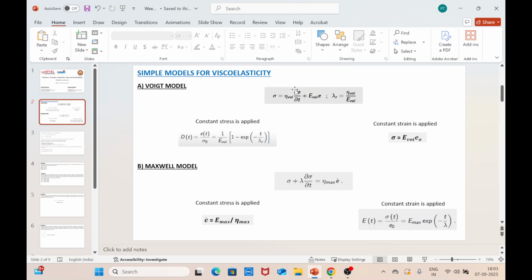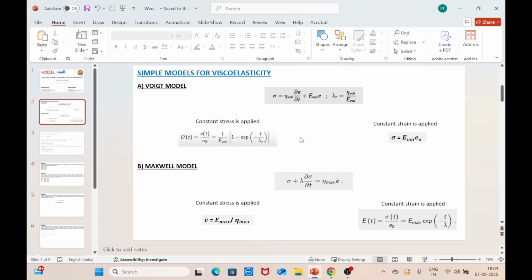But since polymers are viscoelastic materials, we have to take both these contributions into consideration. And lambda r is the ratio of the viscosity to the modulus, which is the relaxation time. So this is the model.